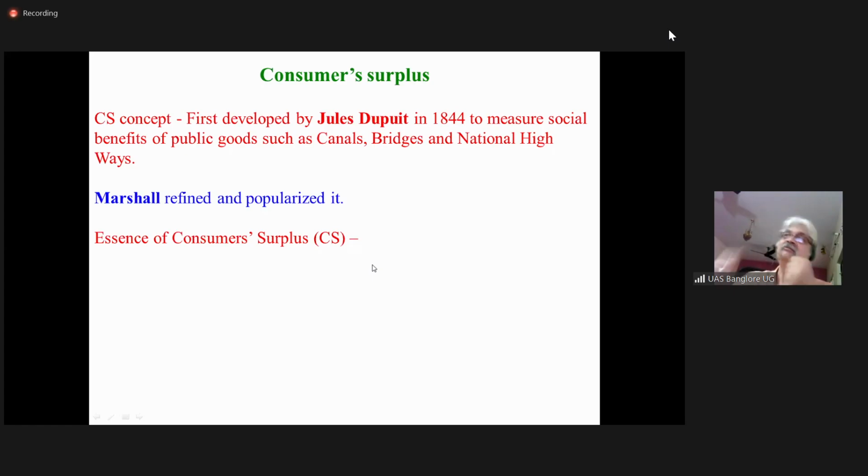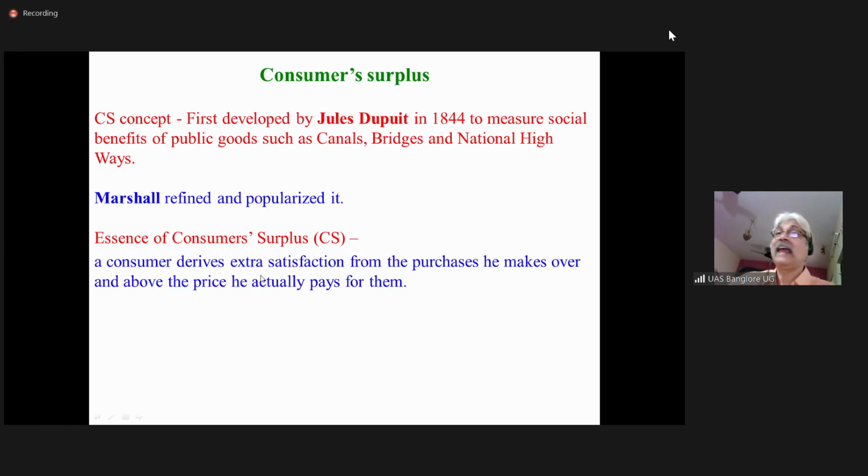So you can drive to office or to the city or to relatives' house, and you'll get satisfaction from that. If the satisfaction you get by spending money is more than the satisfaction you lose, then it is called consumer's surplus. A consumer derives extra satisfaction from the purchases over and above the price he actually pays for them.